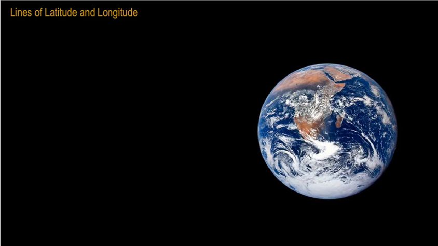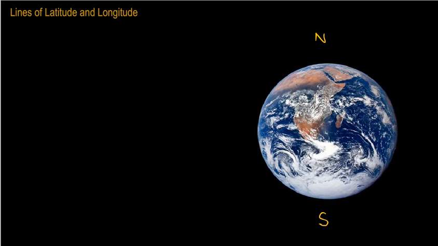Alright, in today's lesson we're going to have a specific look at latitude and the lines of latitude. The lines of latitude help us distinguish between the north and southern hemispheres, which lay above or below the equator.